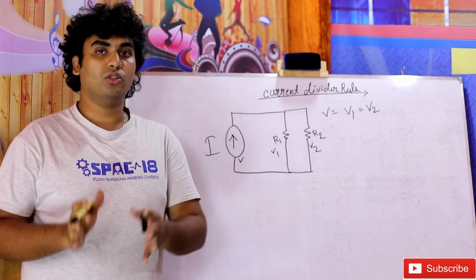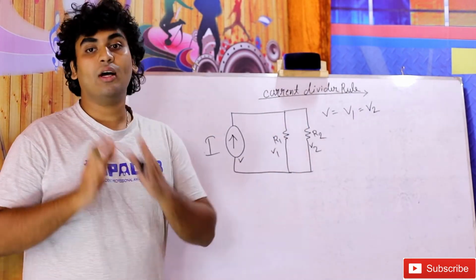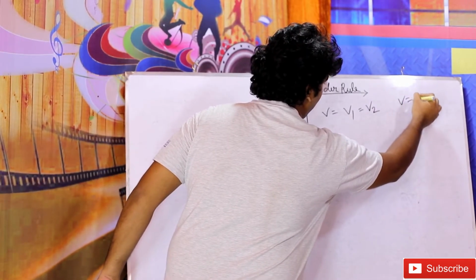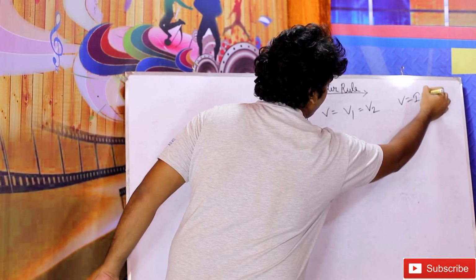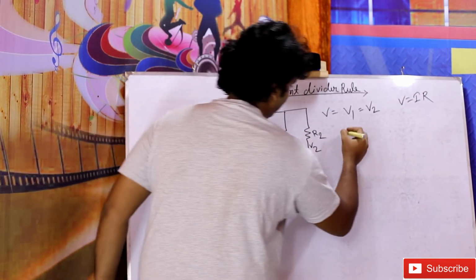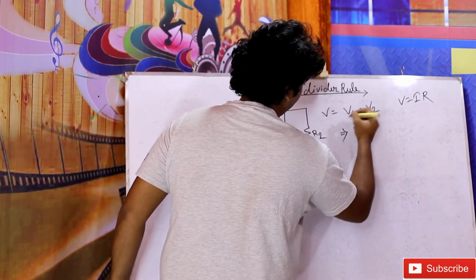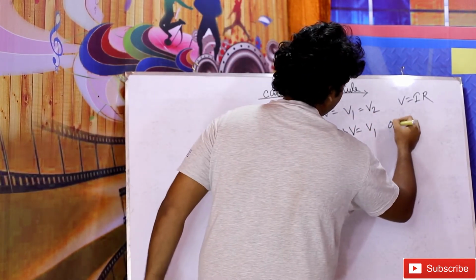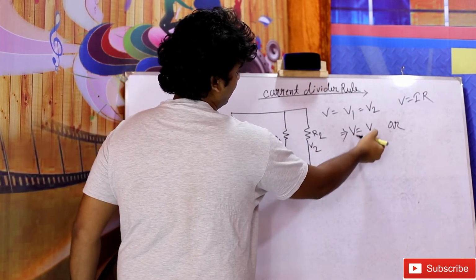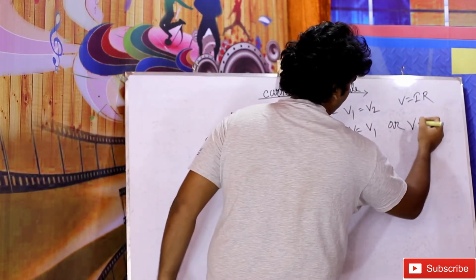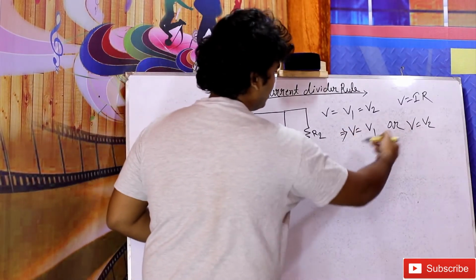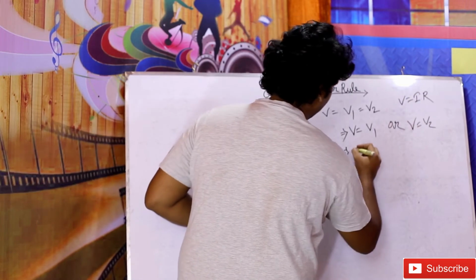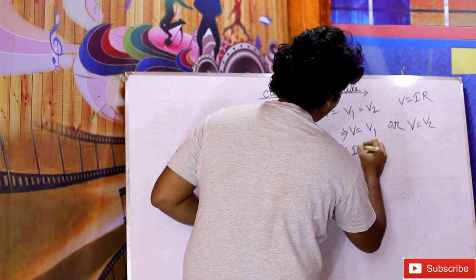But from Ohm's law we know V equal to IR. That means we can write V equal to V1 and also V equal to V2. So this is actually the same. Now if we apply Ohm's law, we find V equal to IR.